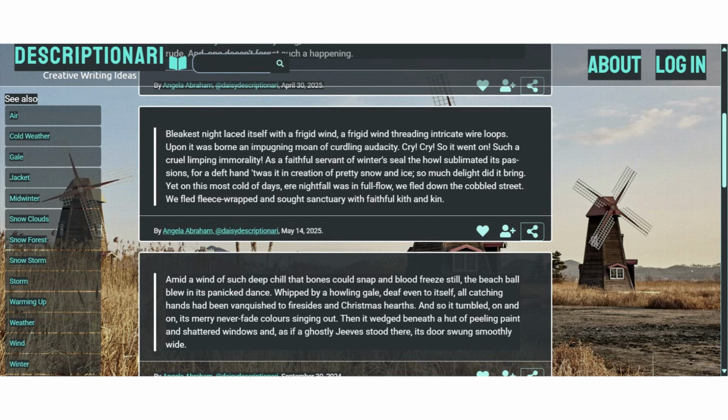As a faithful servant of winter's seal, the howl sublimated its passions, for the deft hand 'twas it in creation of pretty snow and ice. So much delight did it bring, yet on this most cold of days, ere nightfall was in full flow, we fled down the cobbled street. We fled fleece-wrapped and sought sanctuary with faithful kith and kin.